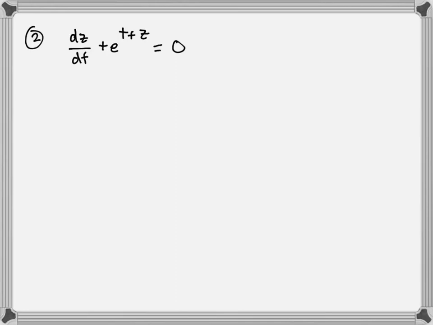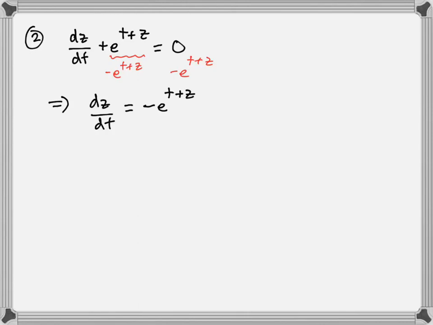Now this does not look separable, right? And this can be the tricky part of these kinds of problems, is if it doesn't look separable, you still need to be able to recognize that it is. So here's what we're going to do. What I'm going to do first is I'm going to move this guy over to the other side by subtracting e to the t plus z on both sides. This gives me dz dt equals negative e to the t plus z.